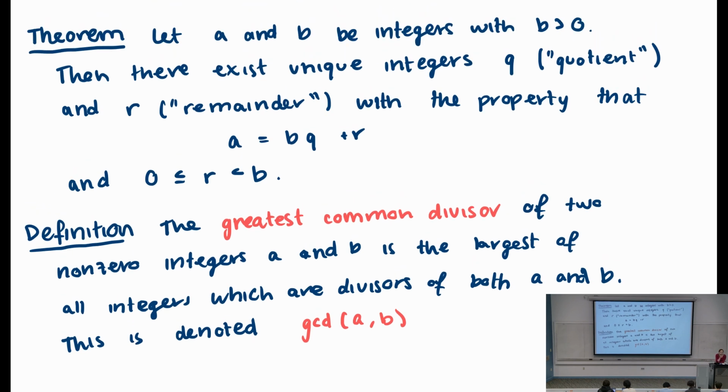Does A have to be greater than B? So Q could be 0, right? Let's do a little example. A could also be negative, but let's say A is 3 and B is 5. Then I would write this as A is equal to B times 0 plus 3.